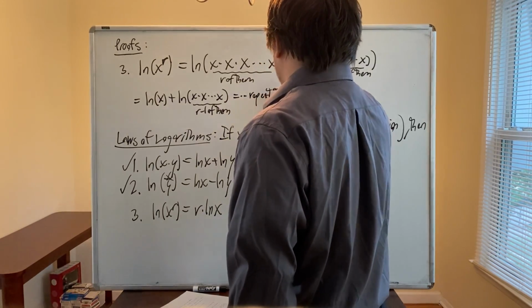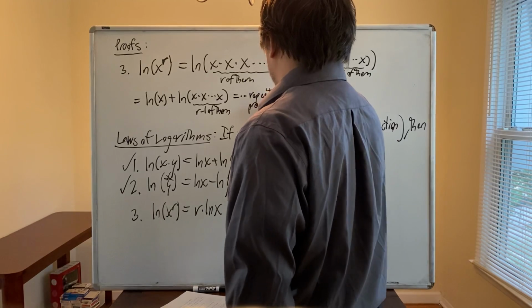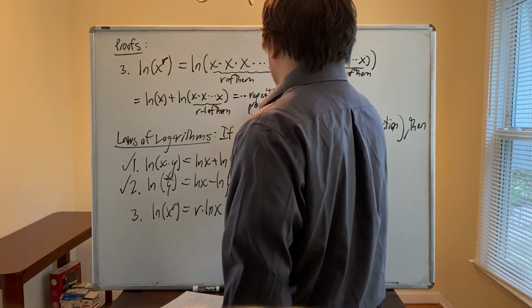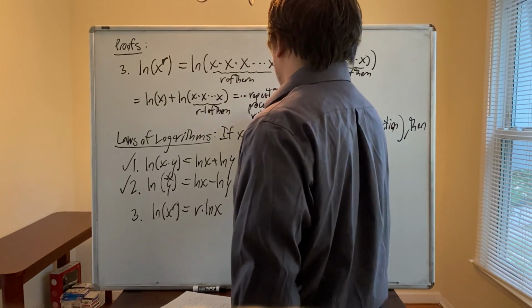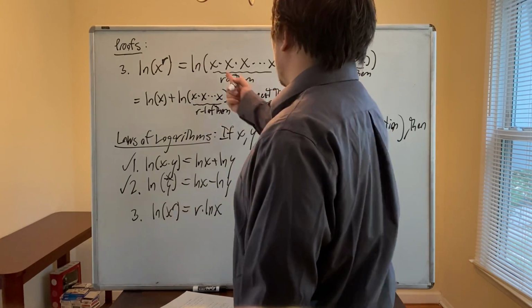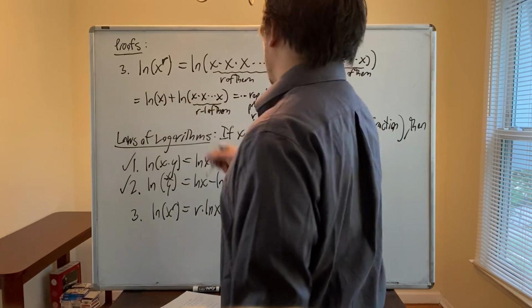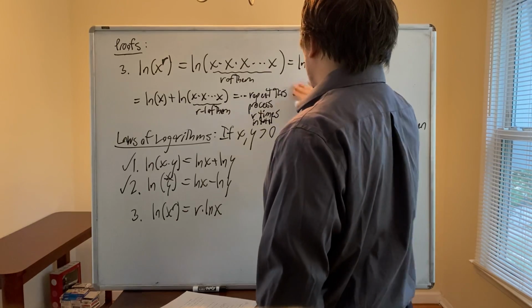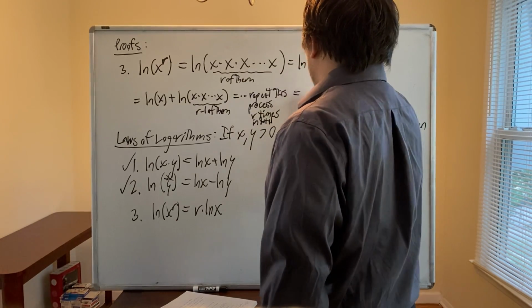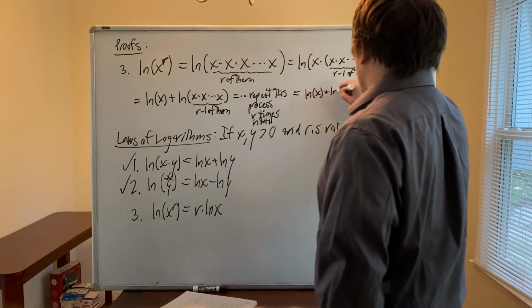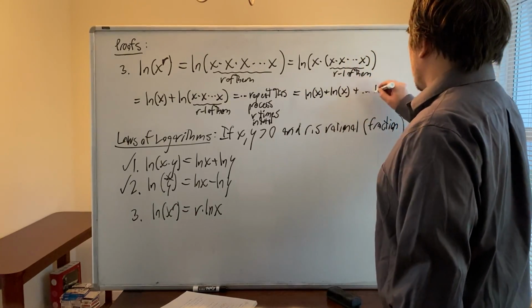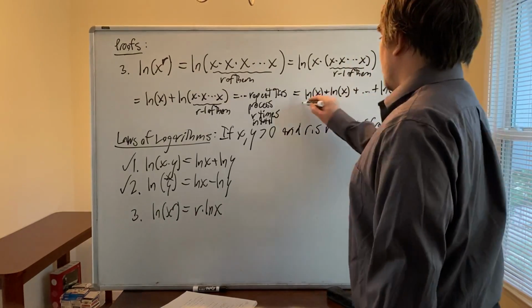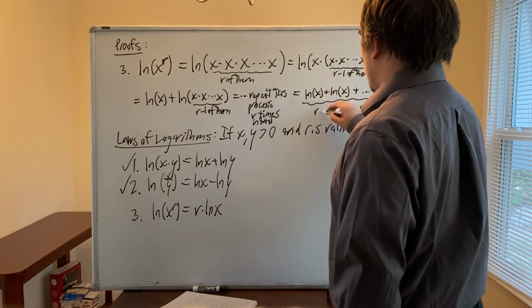You repeat this process r times in total, meaning this was the first time, and do it r minus 1 more times, and you get that this is equal to ln of x plus ln of x plus and so on plus ln of x, where there are r ln of x's.